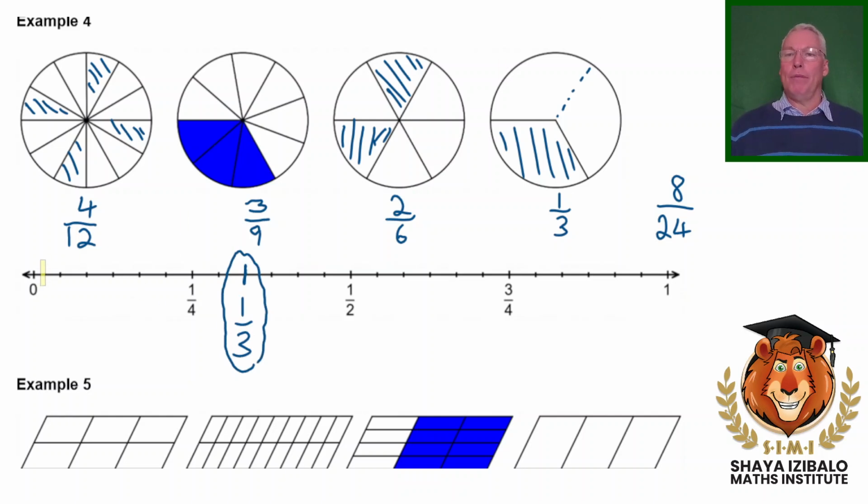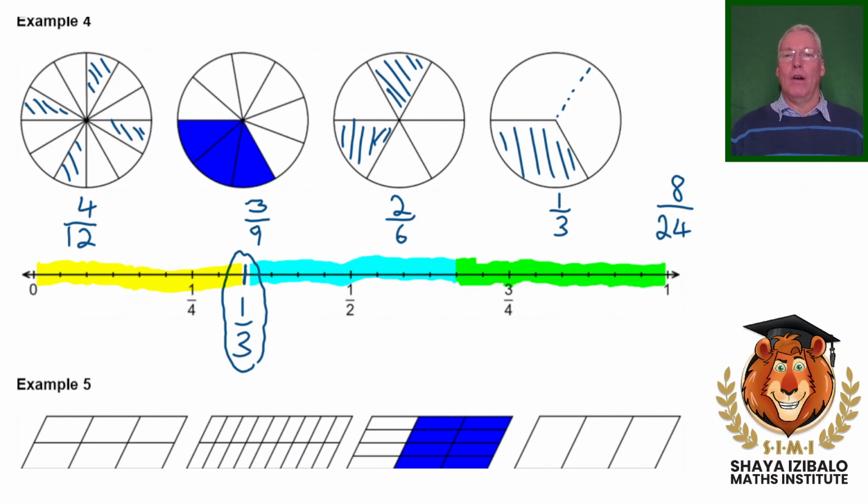In other words, this piece over here is exactly the same length as if I took another 8, 4, 5, 6, 7, 8, and exactly the same length as if I took another 8. The blue line, the green line, and the yellow line are all exactly the same length. Does it make sense? It always makes sense.